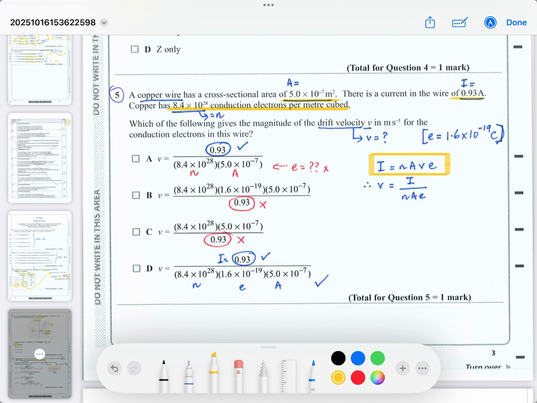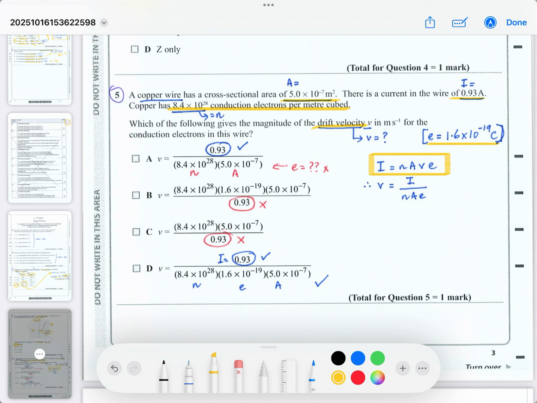Which of the following combinations gives the magnitude of drift velocity? We've been given I, n and A, and the data sheet will tell you that the charge of an electron is 1.6 times 10 to the minus 19 coulombs. Negative, of course, but here it doesn't really matter about the sign of the charge.